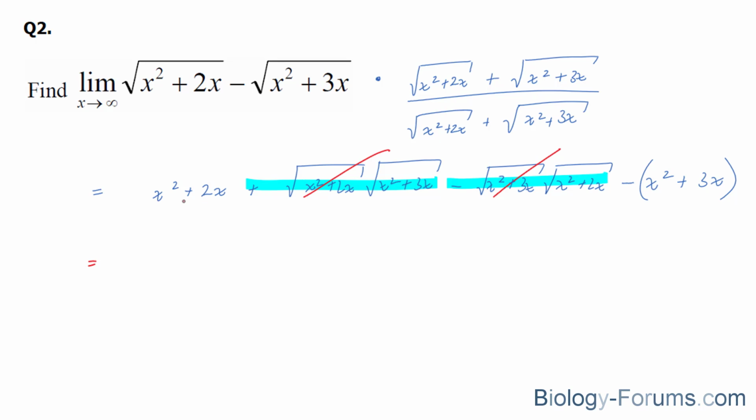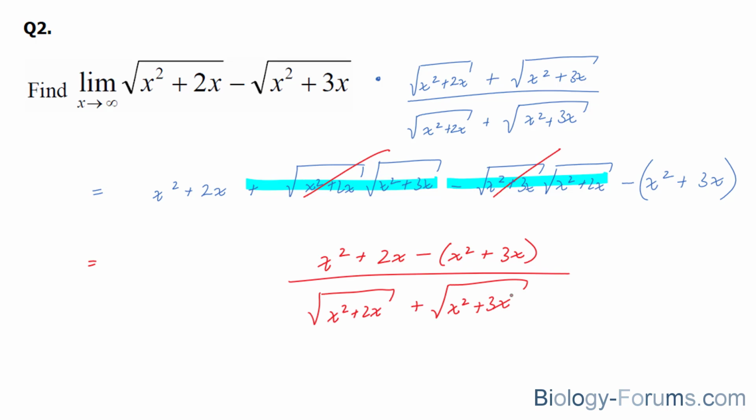And we end up with, remember this is just the numerators, I haven't written the denominators. For the numerators and the denominators together, we get x squared plus 2x minus x squared plus 3x. And at the bottom, we end up with this. Let's further simplify the top part.